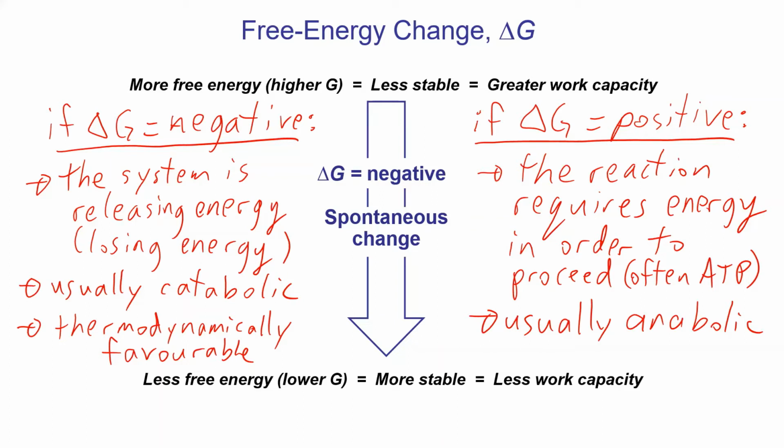Basically the same examples I showed you before in terms of glucose catabolism or building of proteins. But this is the main thing to remember, right? If you see a delta G value, and you see this sometimes associated with certain reactions, know what that means. If it's negative, it means one thing. If it's positive, it means another thing. Positive, like I said, means it needs energy, or else it won't proceed. Negative means you can get energy from it if you break that thing down.